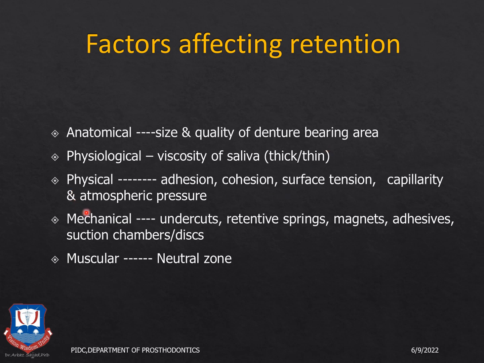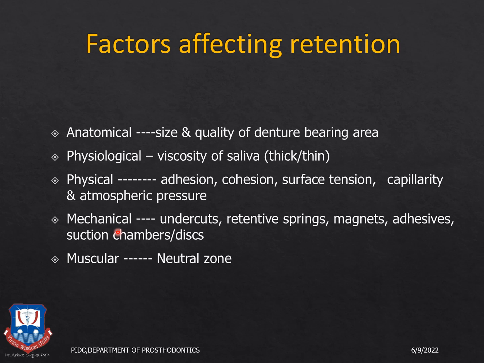Other physical factors such as adhesion, cohesion, and surface tension take place between the tissues, the saliva, and the denture base. Adhesion is between non-identical molecules, that is between saliva and the soft tissue, and between the denture and the saliva. Cohesion is within the molecules of the saliva. And surface tension, capillary and atmospheric pressure all play a significant role in retention.